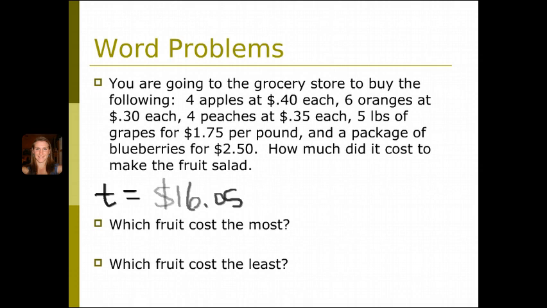The second part of the question asks, which fruit costs the most? Well, if you figured out how much the apples cost, how much the oranges cost, how much the peaches cost, the grapes, and the blueberries, you would see that the most expensive fruit was your grapes.